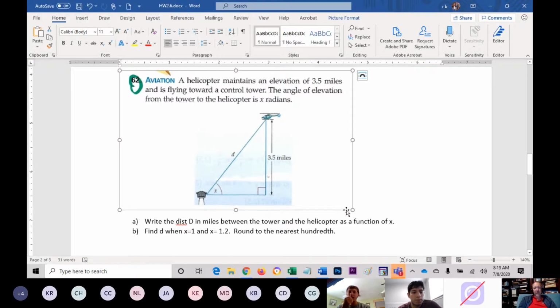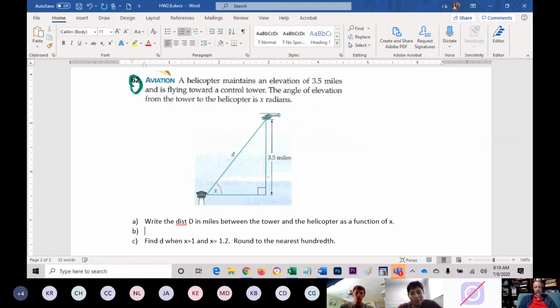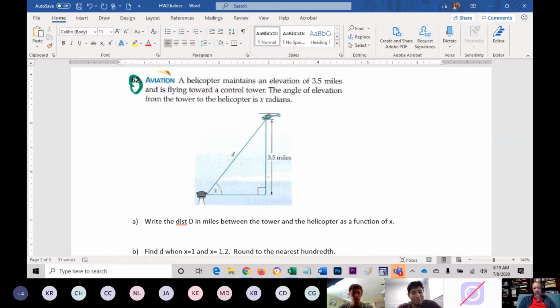Okay. So anybody got any ideas on how you would solve this? I do. Okay, what do you think, Texas? So you do the sine of x equals 3.5 over d, because it's opposite over the hypotenuse. Right.